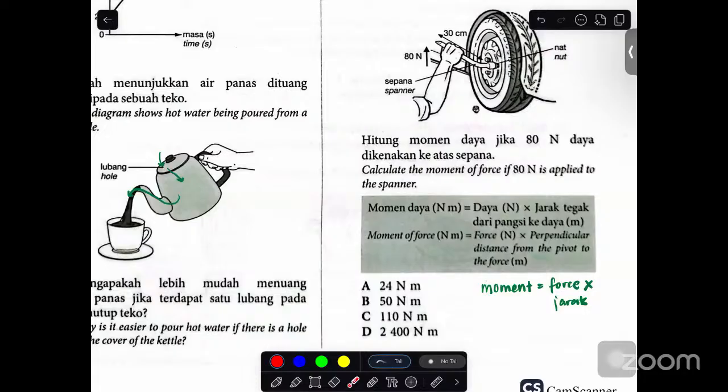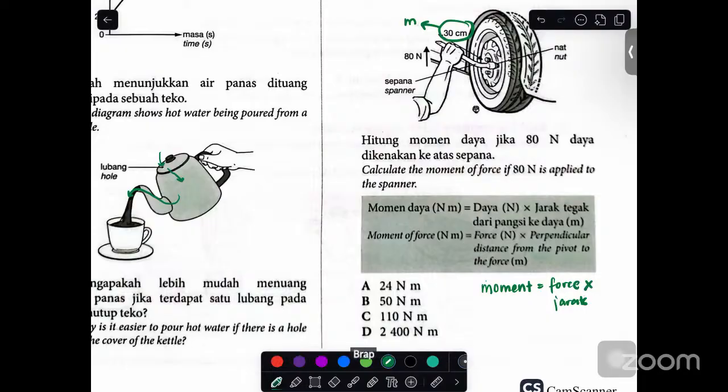Banyaknya jawapan D. Students, 30 cm ni, 30 cm kena tukar pada meter dulu. Okay, kena tukar pada meter dulu. Because, kenapa kena meter? Nampak tak dekat sini? Meter. Dia menggunakan meter, right? Tapi, in the picture, it is in centimeter, right? So, tukar dulu. 30 cm, how's the meter?